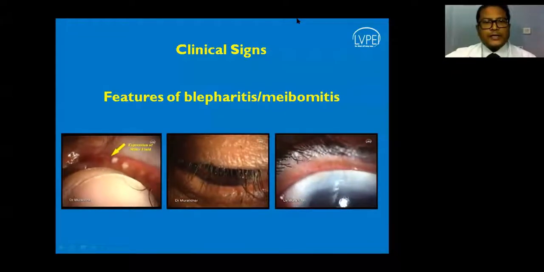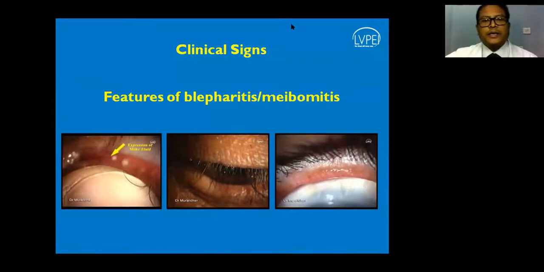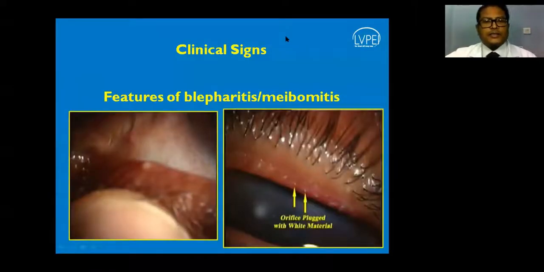So one needs to do a careful examination of the ocular adnexa when evaluating a dry eye patient. Central to this is the blepharitis and the meibomitis, and very commonly one should also look for signs of obstruction of the meibomian gland orifices with some whitish or foamy material.